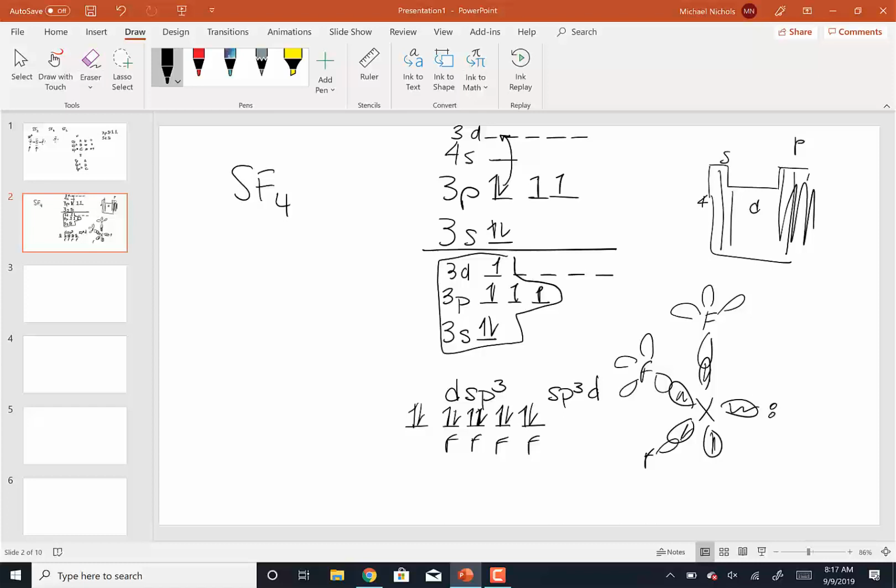So the fluorines are going to have their sp3 hybrid orbitals now overlapping the dsp3 hybrid orbitals of the sulfur, because now I can go ahead and erase that X and put a sulfur there. And then in each of the fluorine orbitals, there's going to be a lone pair.